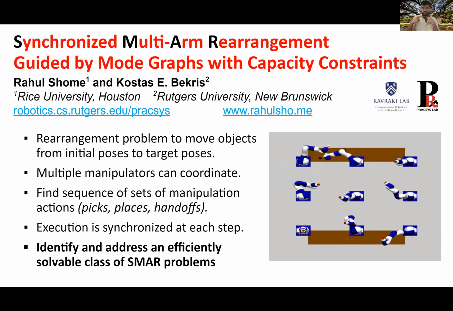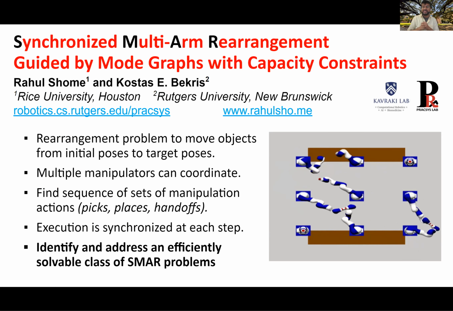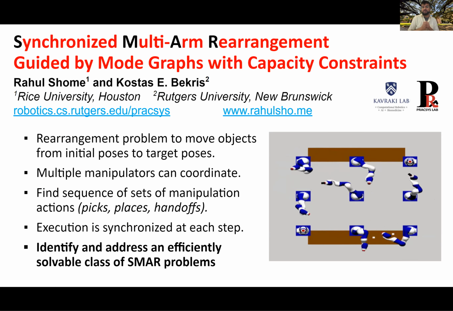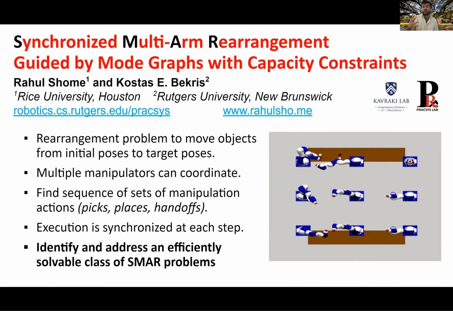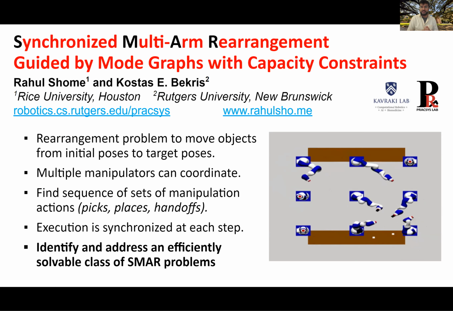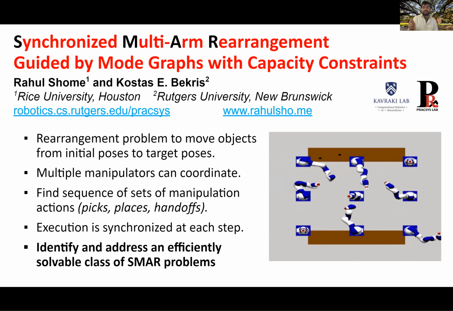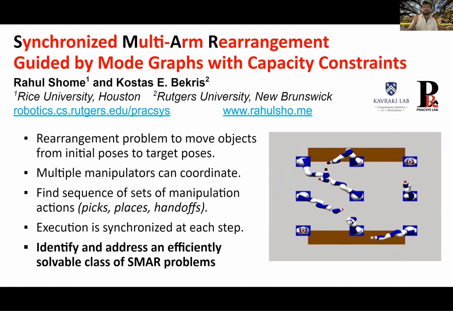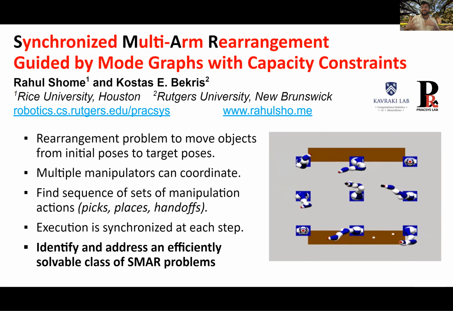The objective here is to quickly identify a sequence of picks, placements, and handoff actions that involve potentially all of these manipulators, where you have to reason about all of them at the same time and their coordinated actions. So in this work, we want to identify efficient ways to find these candidate solutions to guide our search.